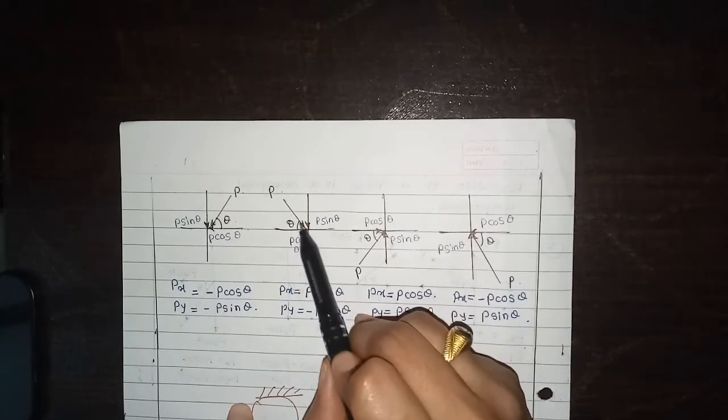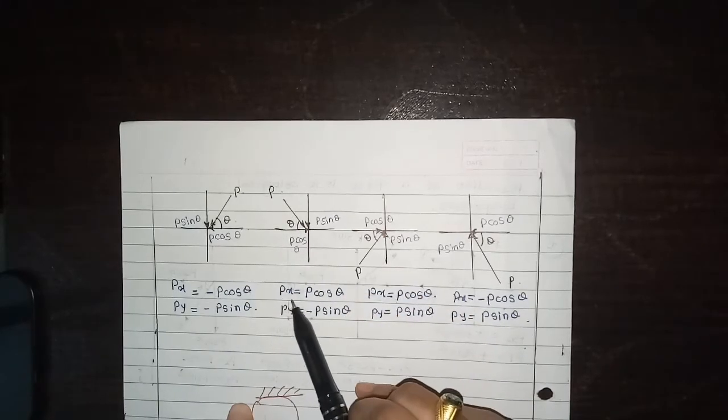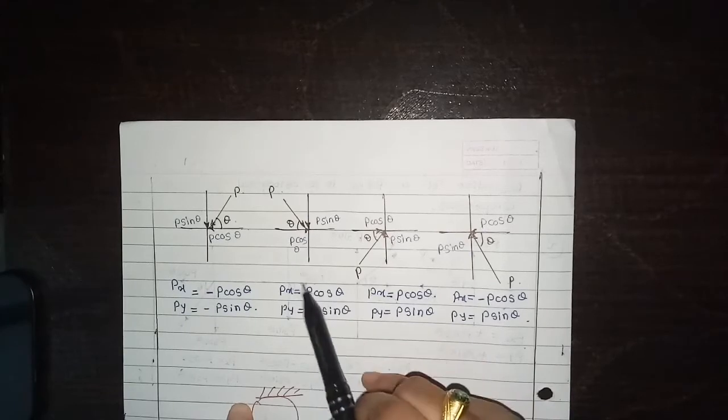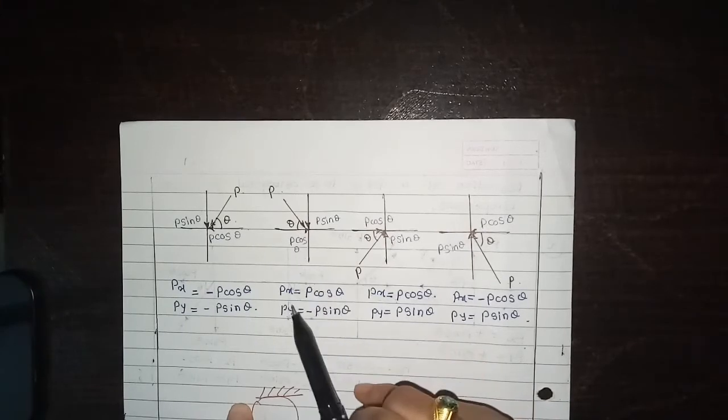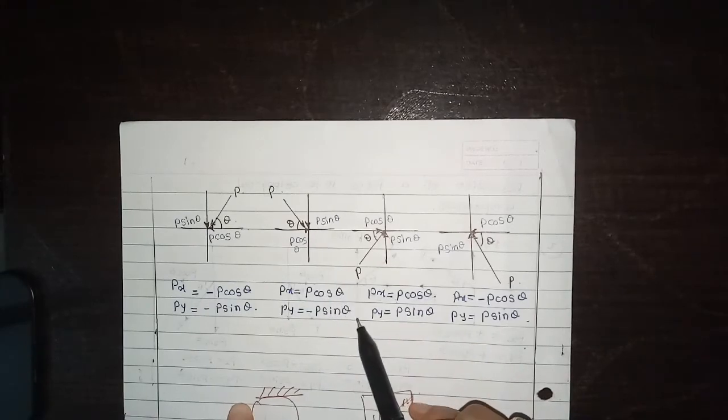Then next is the compressive force P acting in the second quadrant, so Px is equal to P cos theta in the right direction, and in the downward direction Py is equal to minus P sin theta.